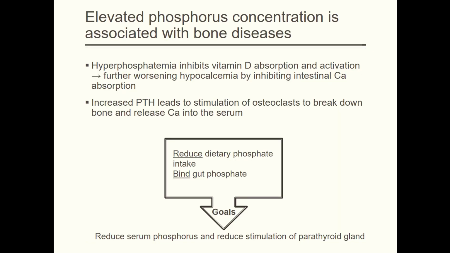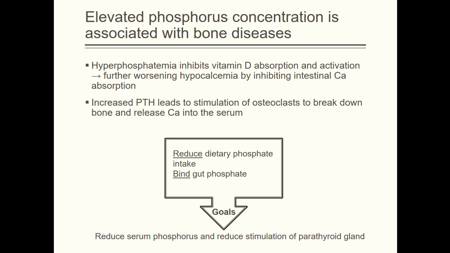Elevated phosphorus concentration is associated with bone diseases. Again, hyperphosphatemia inhibits vitamin D absorption and activation. These all further worsen hypocalcemia by inhibiting intestinal calcium absorption.